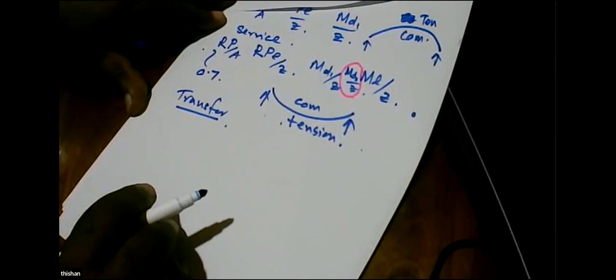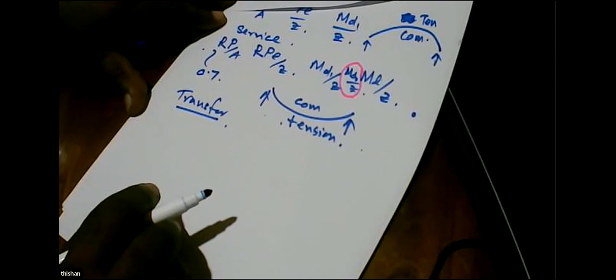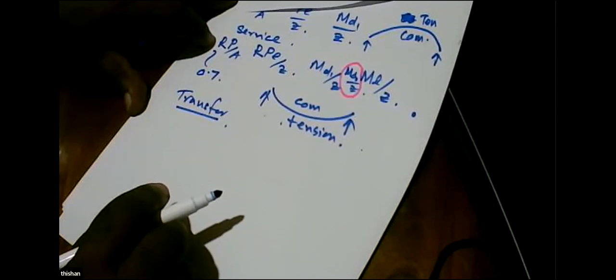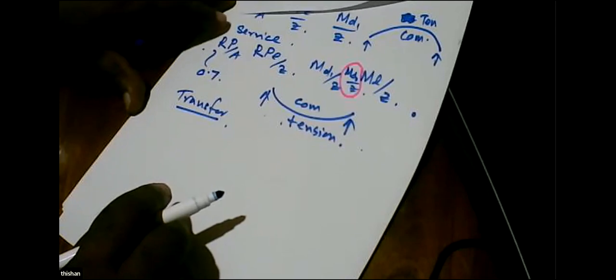So I showed you at the transfer, we get about 1,300, and at service we get about 900, about half the stress. So we have to apply a factor called R, which represents the losses that occur after the transfer.